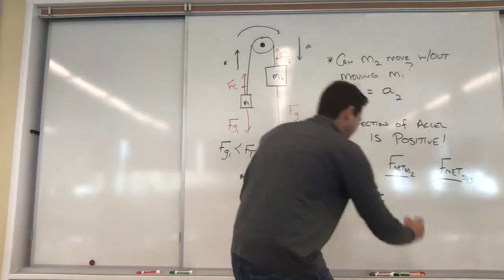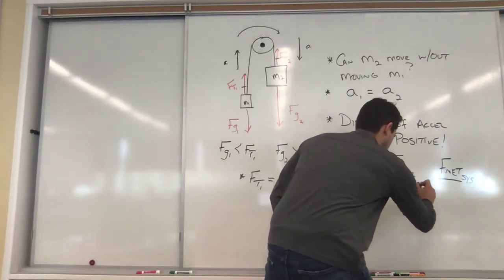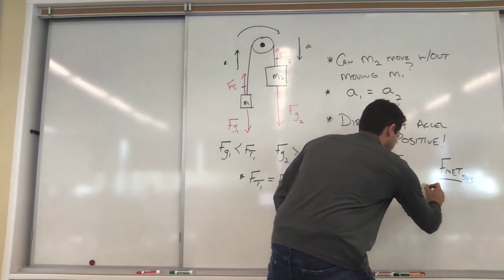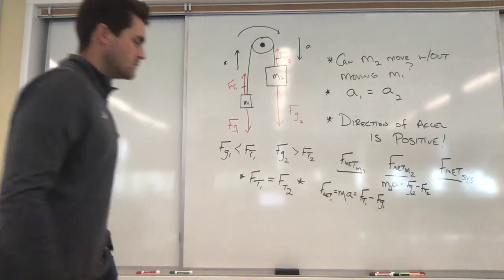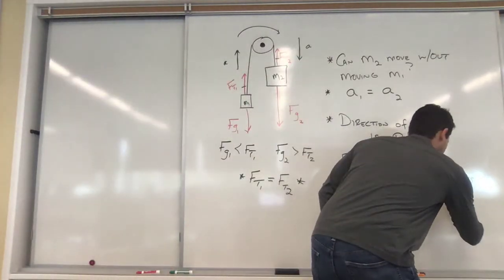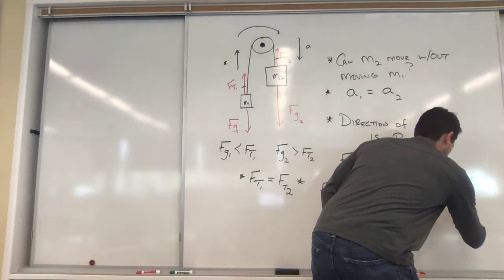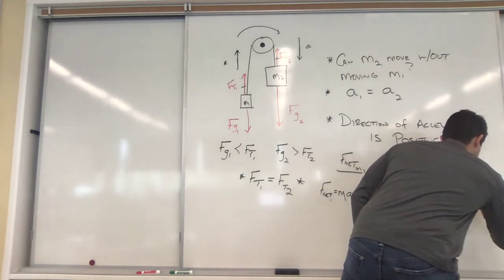The next F-net expression will be mass 2 times acceleration equals Fg2 minus Ft2.